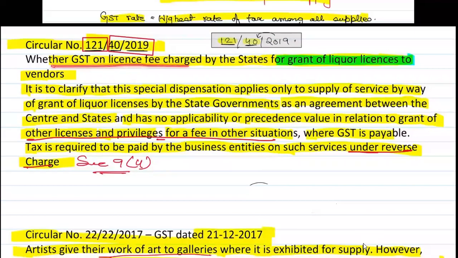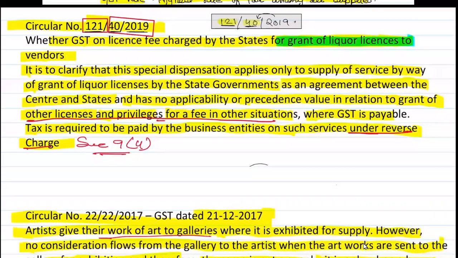Whether GST on license fee charged by the states for grant of liquor license to vendors. Now see, I think you all know that for liquor and all, you need to have a license. But what actually happened now? See, because alcoholic liquor for human consumption is out of GST, people used to think that if license is also related to this, that is also not under GST.